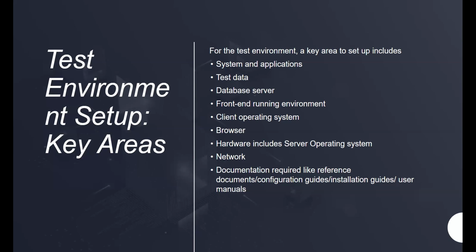Then you need a database server, you need a front-end running environment, you need the client operating system, you need a browser, you need a network, and you need documentation and users. So from that user story, that would be the guidance for them creating the test environment.